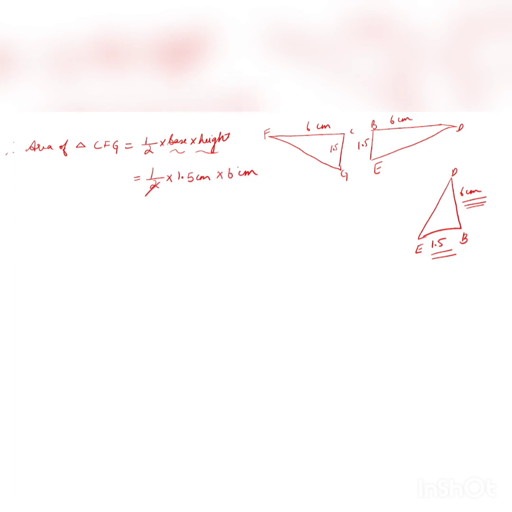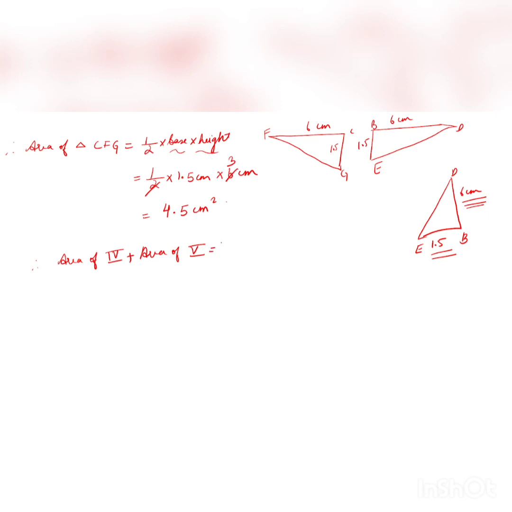So 2 into 3 times are 6. Now 15 into 3, you do the multiplication, you'll be getting 15 into 3 is 45. There's a point here, so 4.5 centimeters square. Therefore area of 4 plus area of 5, you have to add them.